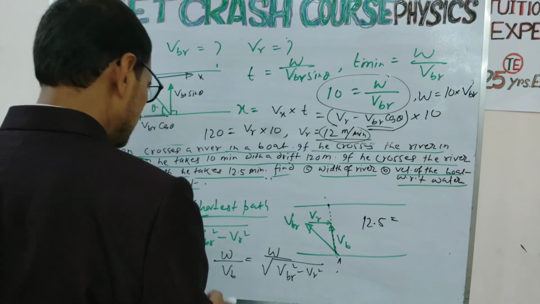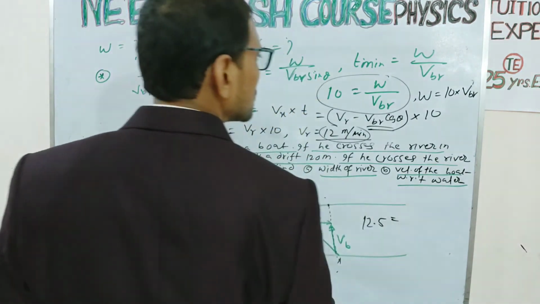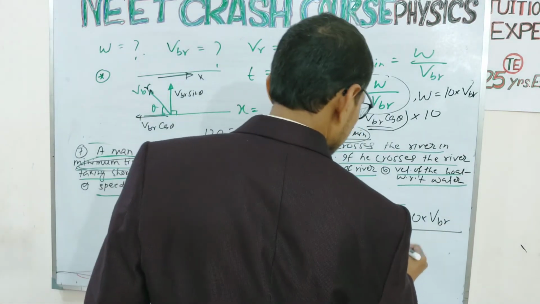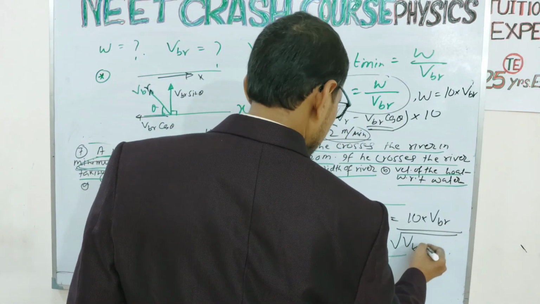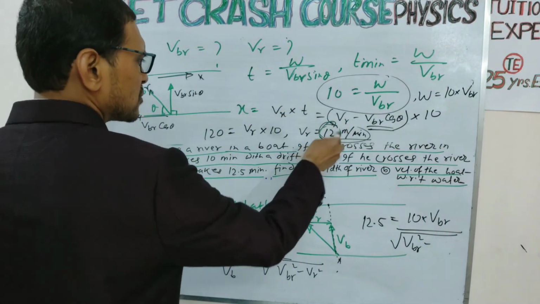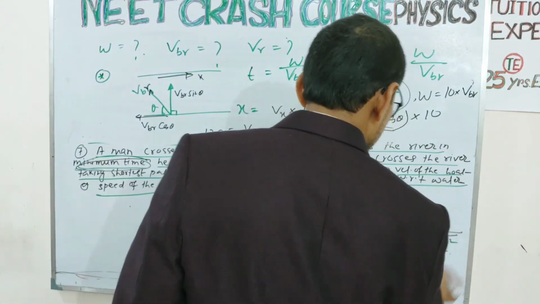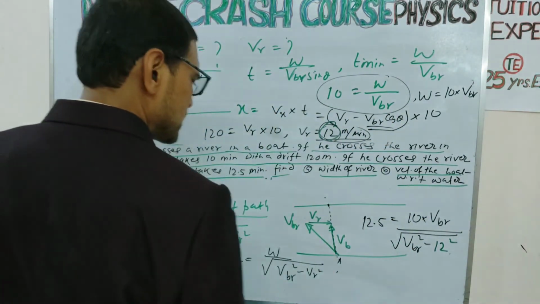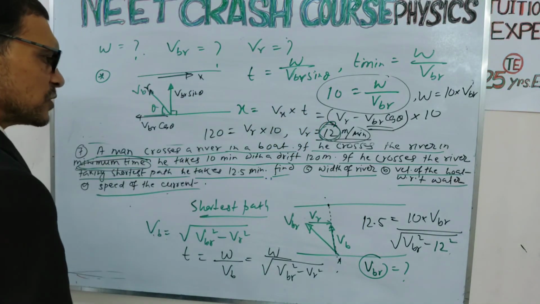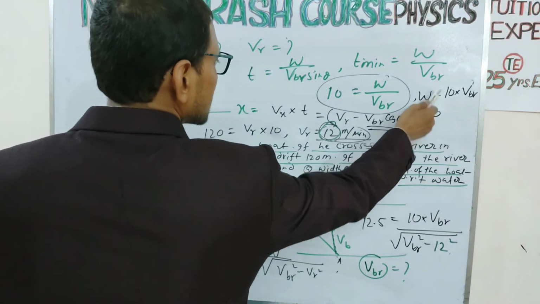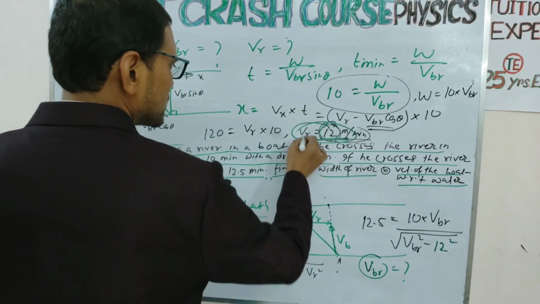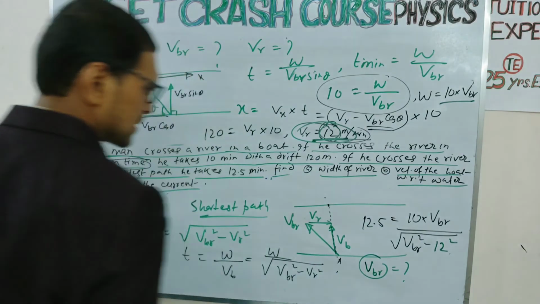Now again here 12.5 equal to 10 into VBR by root over VBR square minus VR square. Now what is VR? We get VR equal to 12 square. Now from this we get VBR, velocity of boat with respect to river. If we get VBR, then we can also get the width of the river. So three answers we get: VR, width and VBR.